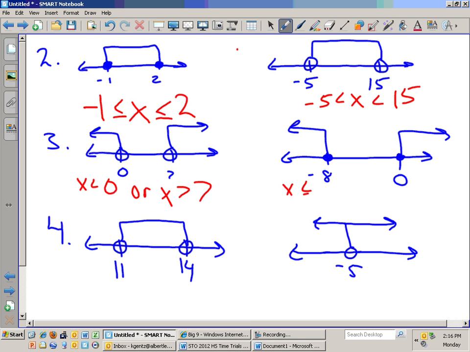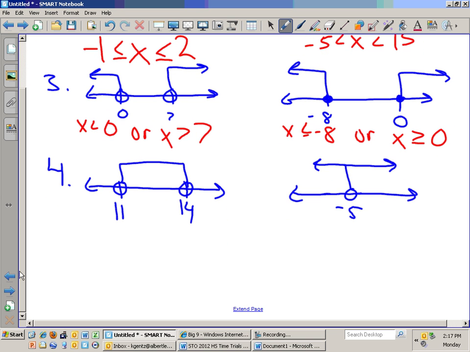This should be x is less than or equal to negative 8 or x is greater than or equal to 0. This should be x is greater than 11 and less than 14. And this should be x is less than negative 5 or x is greater than negative 5.